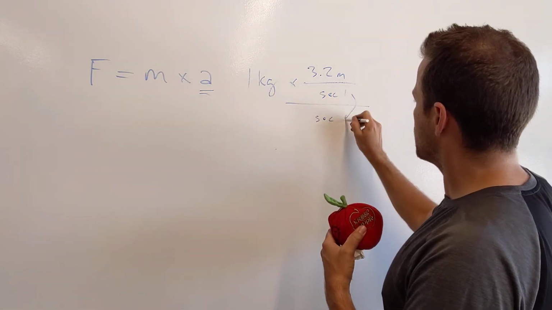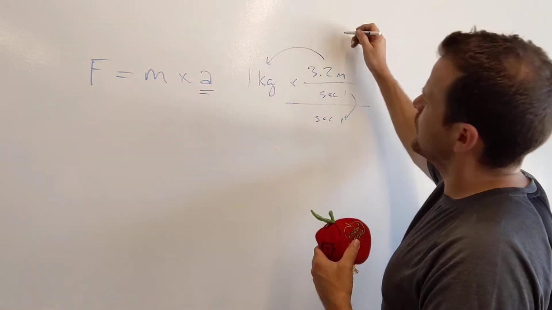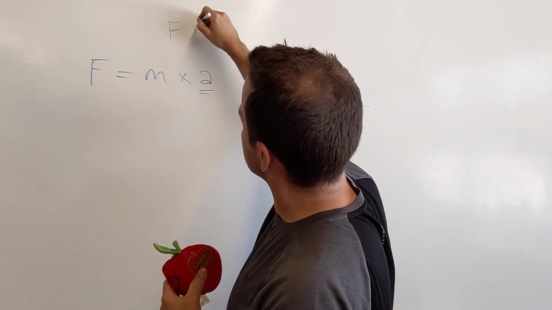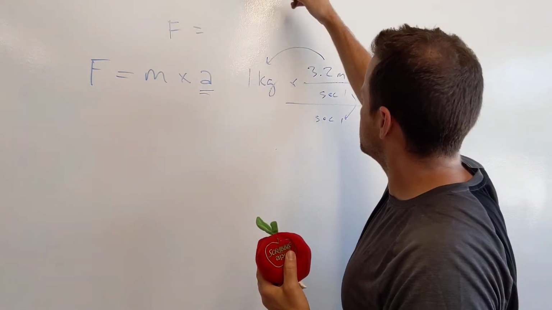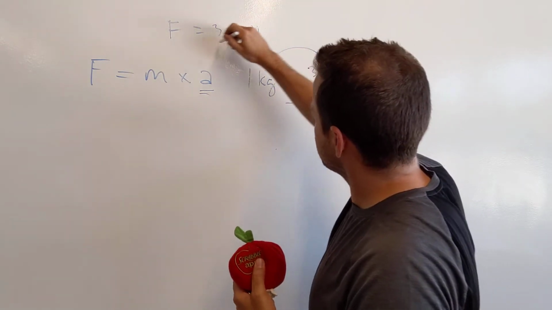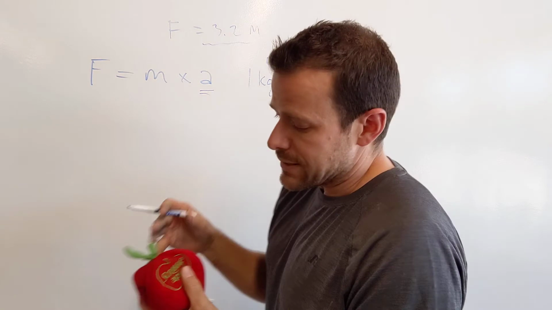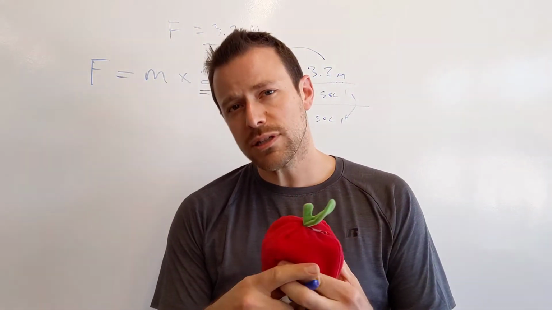So 1 divided by 1 was 1, times 3.2. The total amount of force to move this little apple 1 meter in 1 second is 3.2.